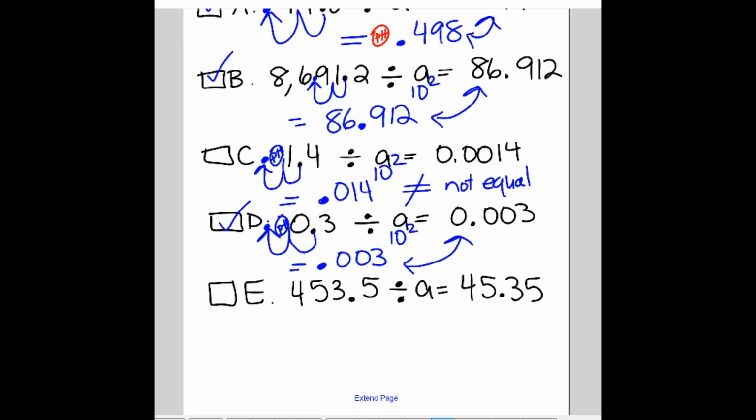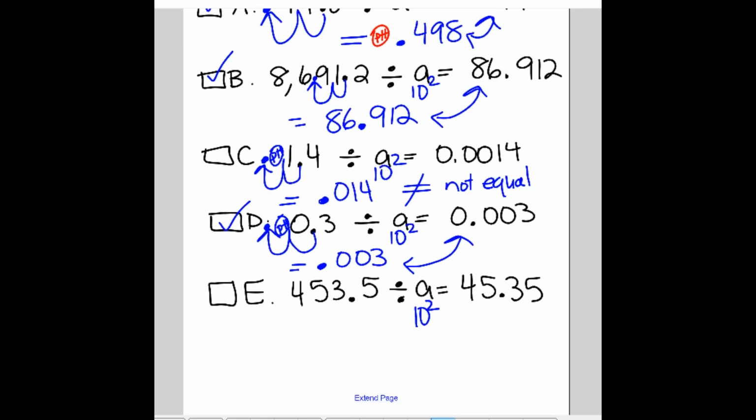Our last example says 453.5 divided by, of course, 10 to the second power, and it's going to equal 45.35. Let's see if we're going to get that same answer. Looking at it already, it looks like the decimal just moved 1 place, and we're moving our decimal 2 places. So I don't think it's going to be a match, but let's double check ourselves.